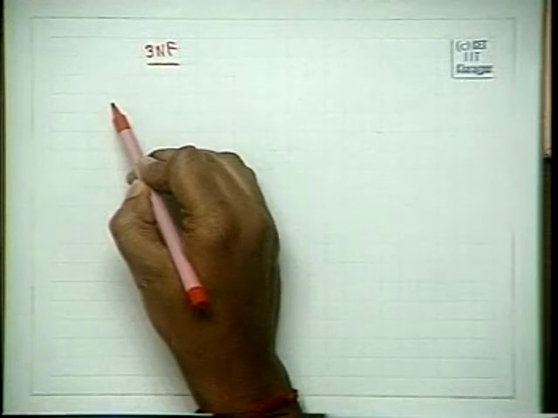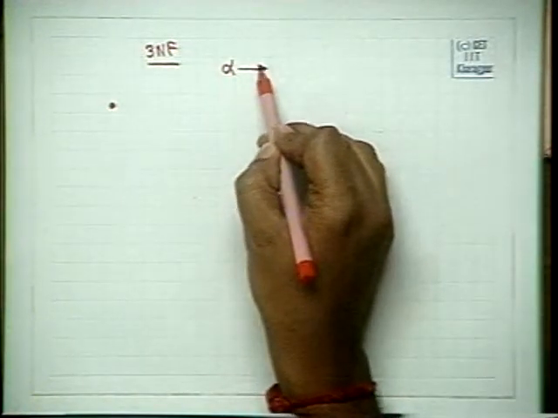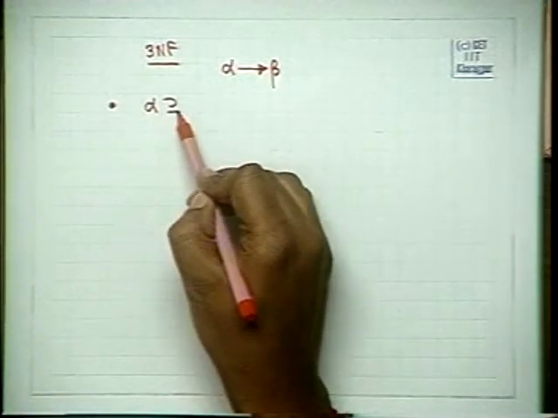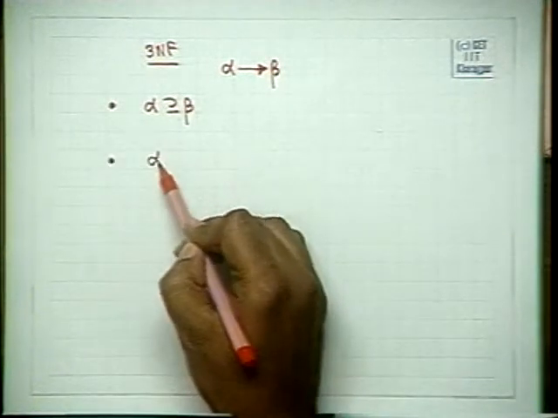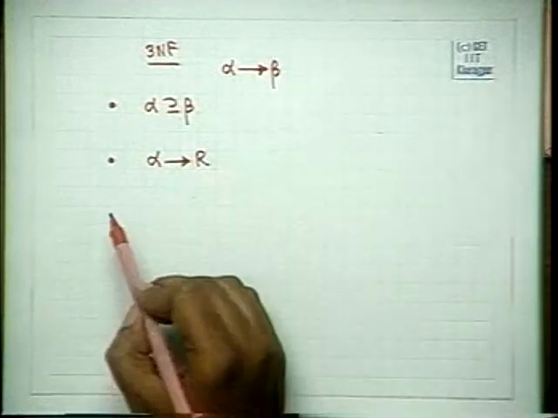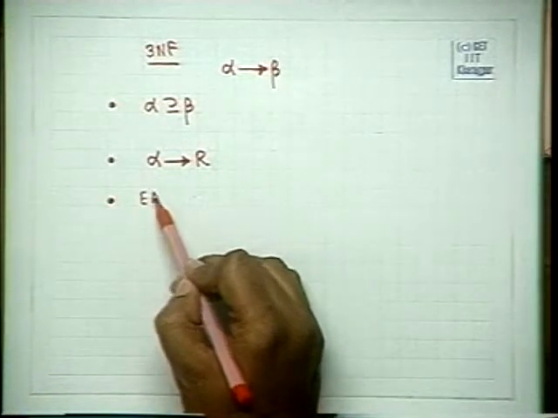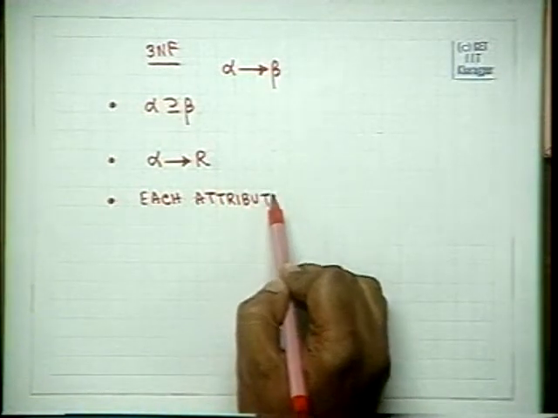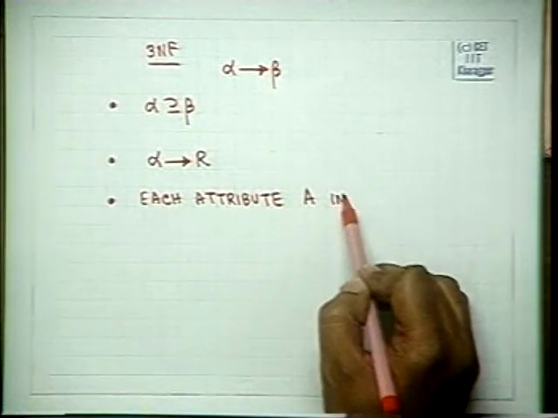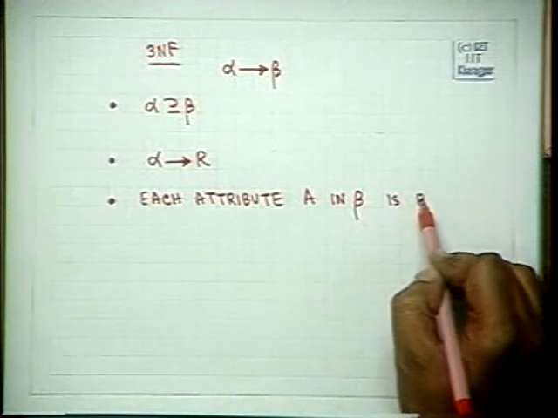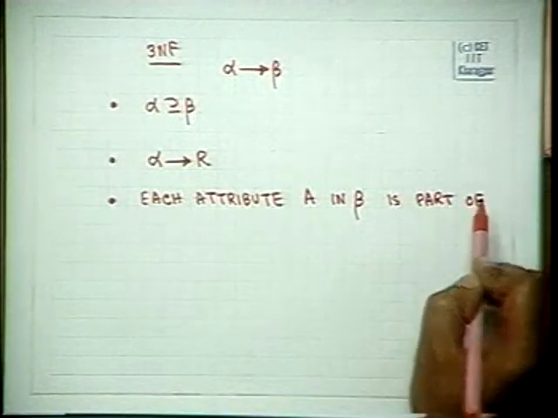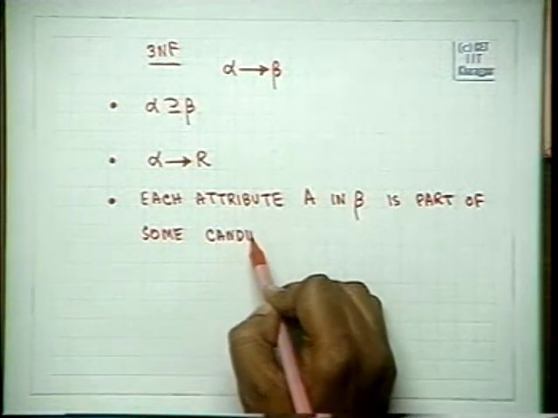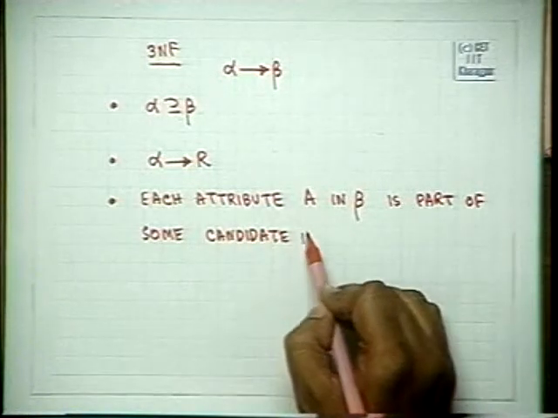A relation is said to be in 3NF if for every functional dependency alpha to beta on that relation scheme, either alpha is a superset of beta, or alpha is a super key, that is a candidate key, or each attribute A in beta is part of some candidate key.